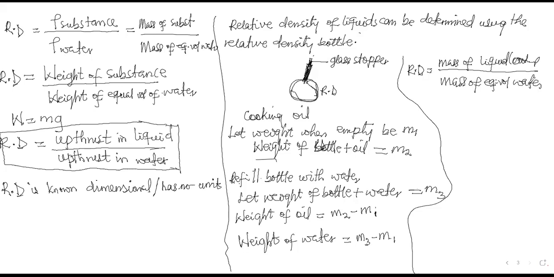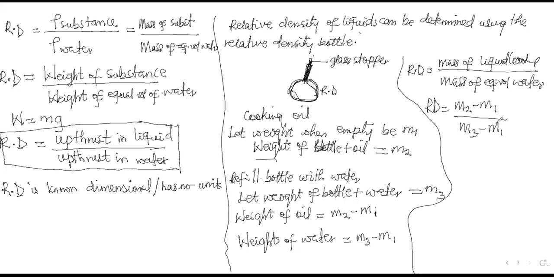And you see, because in each situation we are using the same RD bottle, the volume of both is the same. So our RD would be equal to M2 minus M1 divided by M3 minus M1. That is all. And you have the RD.